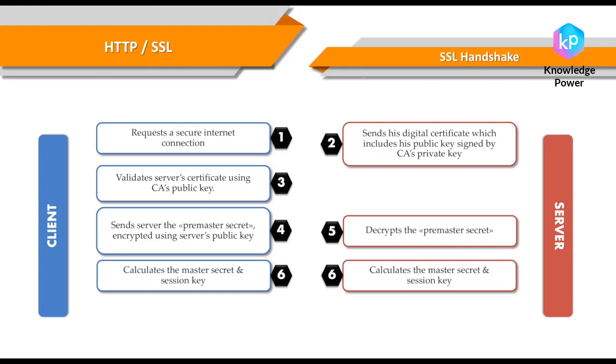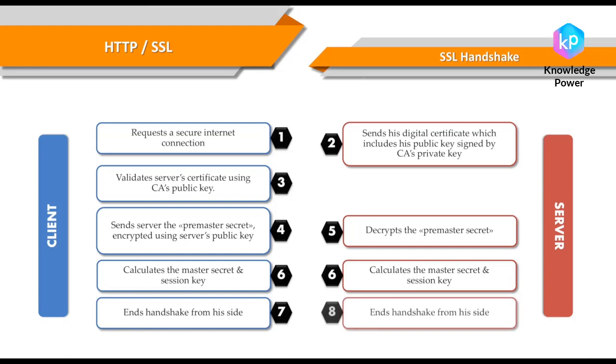Then they use the master secret to generate the session keys, which are symmetric keys used to encrypt and decrypt information exchanged during the SSL session and to verify its integrity. The client then sends a separate message indicating that the client portion of the handshake is finished. The server sends a separate message indicating that the server portion of the handshake is finished.